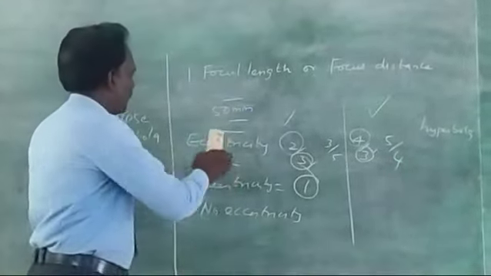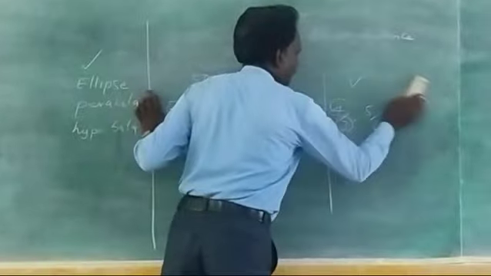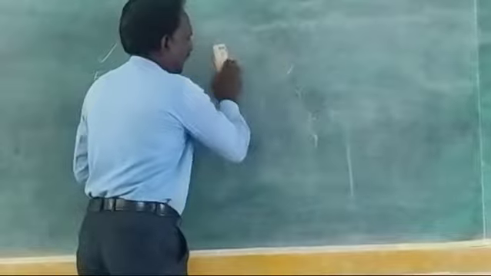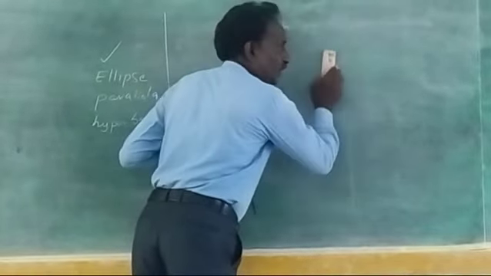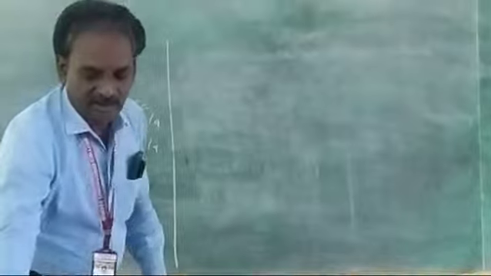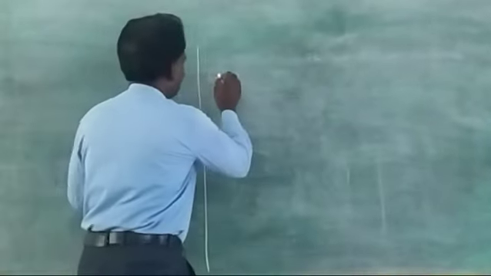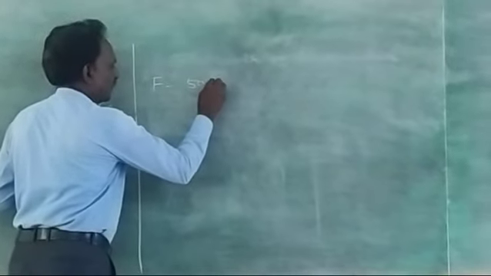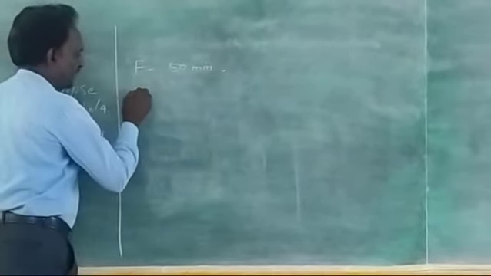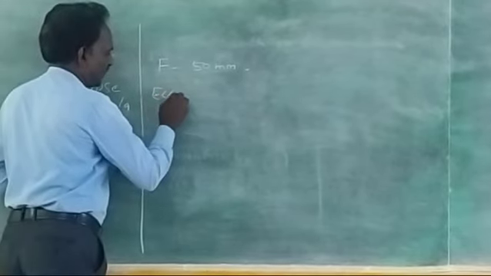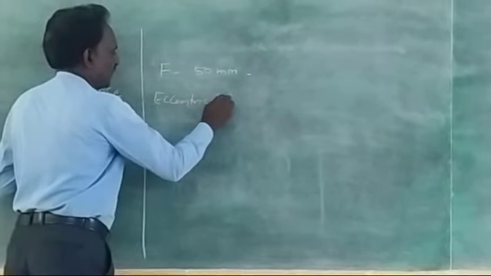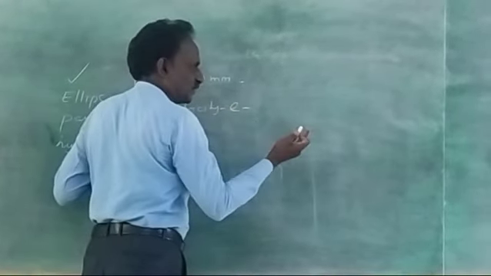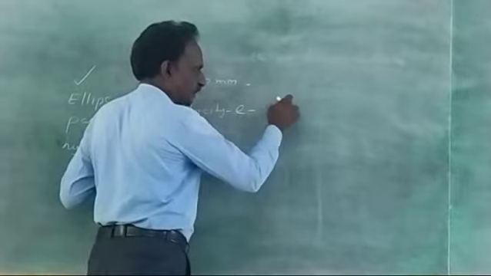We go for a practical example now. For constructing ellipse and hyperbola, we will have two necessary data. One is focal length F, you can take as 50 millimeter. Eccentricity, small e: for ellipse, you have to take 2 by 3, 3 by 4.